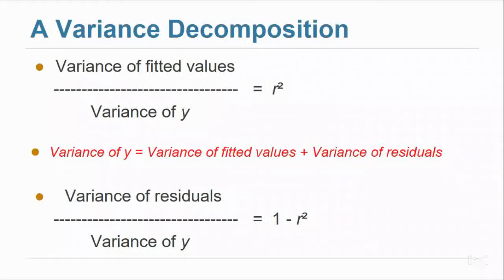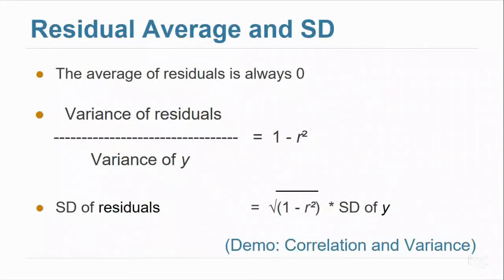This tells us how the residuals vary as a proportion of the variance in y. Now, if we take this equation and we take the square roots of both sides and cross-multiply, you get that the standard deviation of the residuals is equal to the square root of 1 minus r squared times the standard deviation of y.